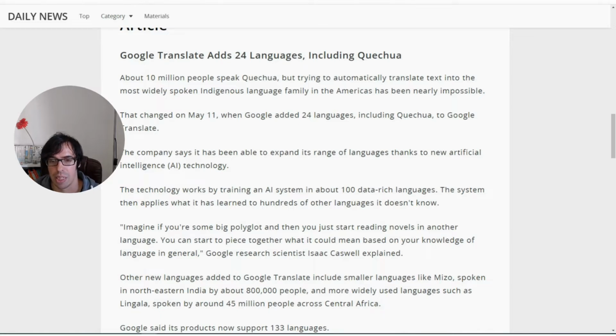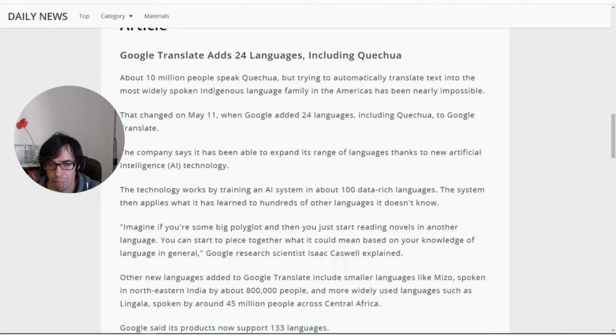The company says it has been able to expand its range of languages thanks to new artificial intelligence (AI) technology. The technology works by training an AI system in about 100 data-rich languages. The system then applies what it has learned to hundreds of other languages it doesn't know.